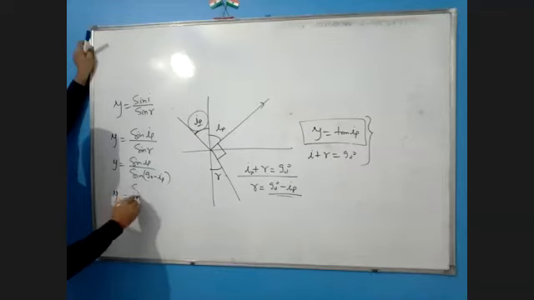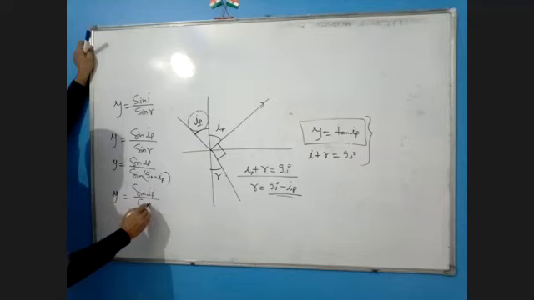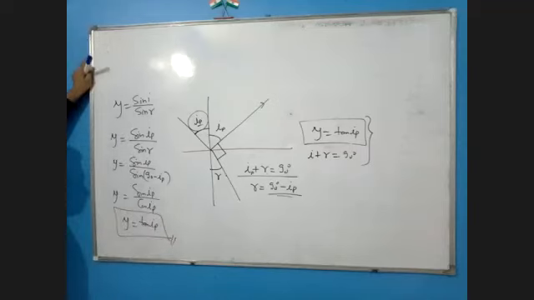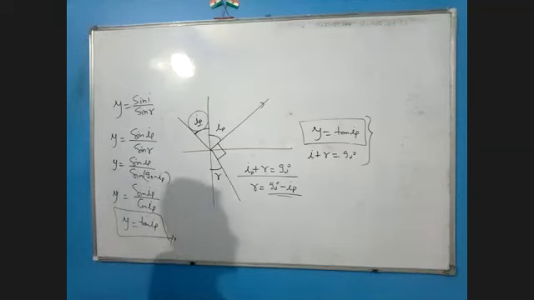So mu equal to sin IP upon cos IP, so mu is equal to tan IP. This is known as Brewster law.